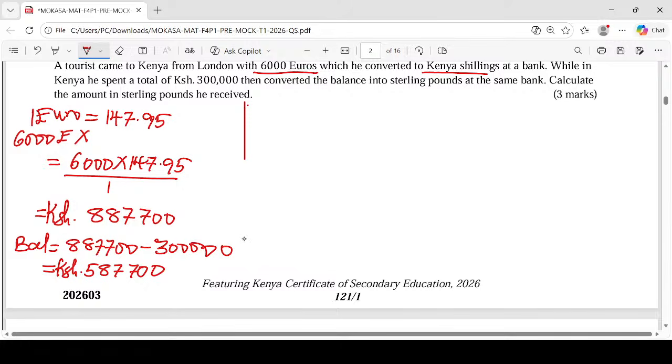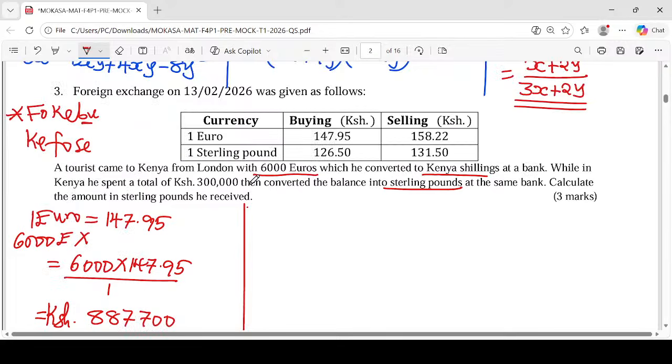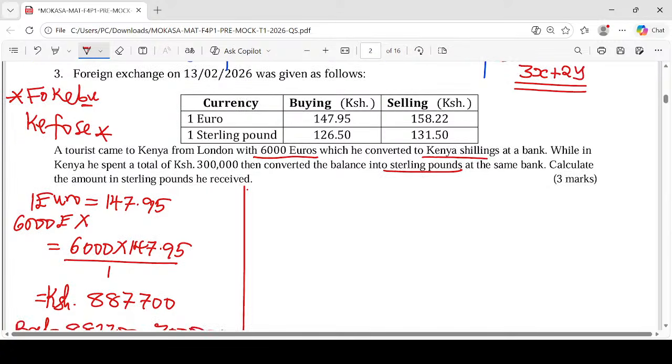Now concerning this balance, he decided to convert the balance to sterling pounds. Now we are converting the Kenyan shillings to sterling pound. That is Kcse. We have to use the selling column. So you can see that 1 sterling pound is equivalent to 131 shillings and 50 cents in the selling column.